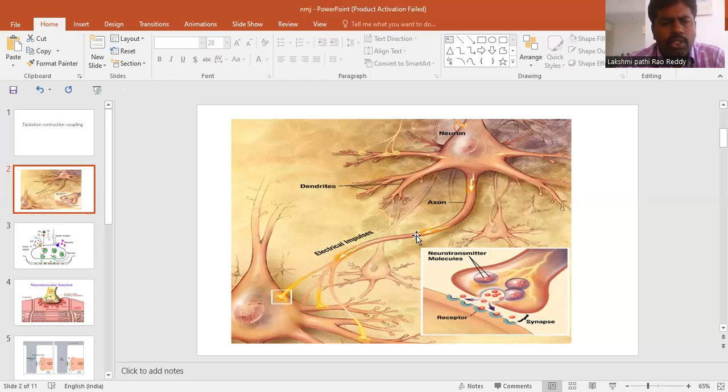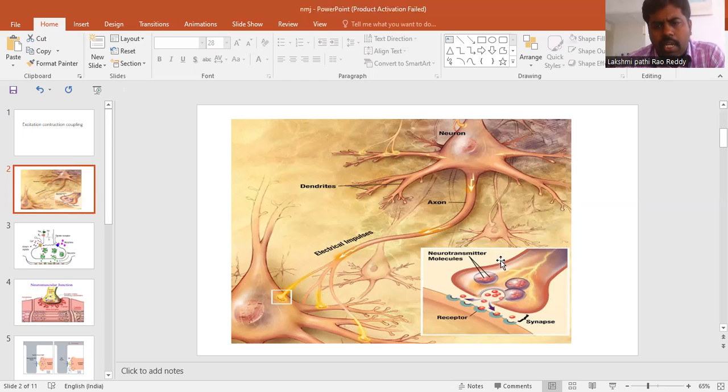When it reaches the terminal buttons, the end of the nerve fibers, it causes the release of neurotransmitters. So the main communication of nerve to nerve and nerve to muscle is mainly through neurotransmitters. Neurotransmitters are chemical structures released from the nerve endings, just like hormones, but these are released from the nerve endings.